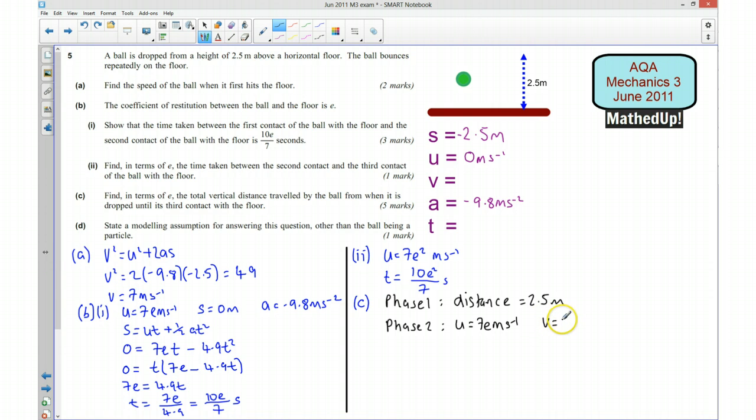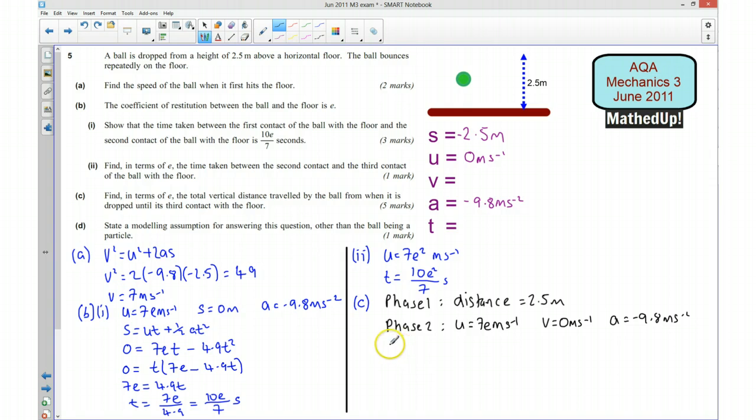So its final velocity is 0. We also know the acceleration is going to stay as minus 9.8 meters per second squared. And we want to know the distance that it's travelled, so we want to know what s is.